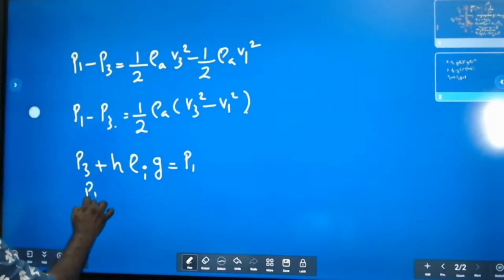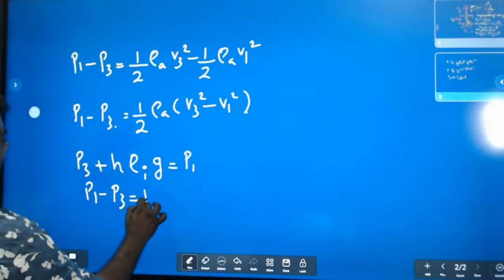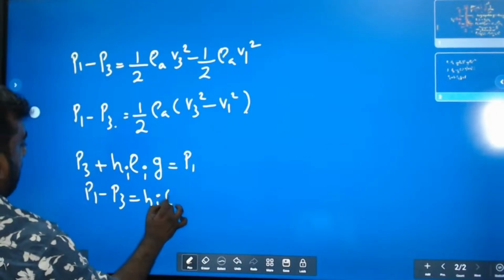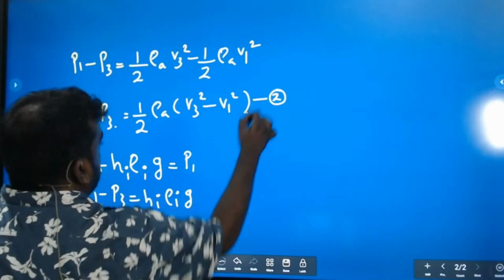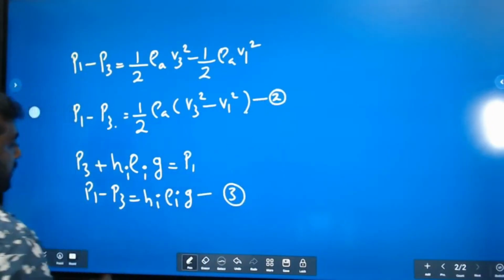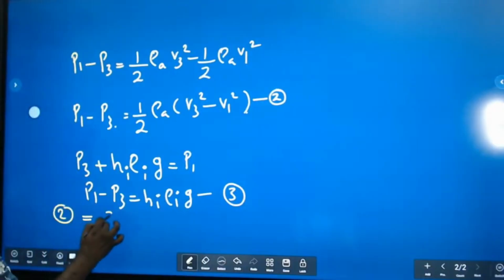From this you can get P1 minus P3 equals H rho I G. This is equation 2, this is equation 3. 2 and 3 are equal.